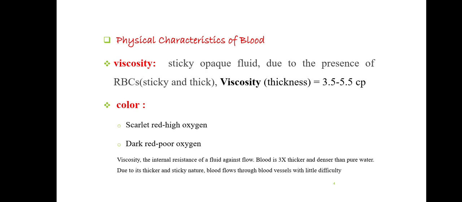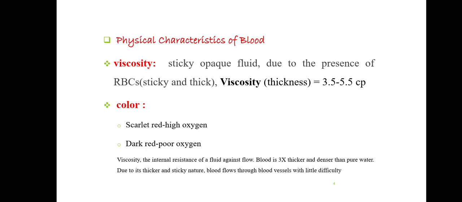Now let's look at some physical characteristics of blood. The first physical characteristic that you should know is that blood has a viscosity. The viscosity of blood, or rather the thickness, is around 3.5 to 5.5 centipascal.